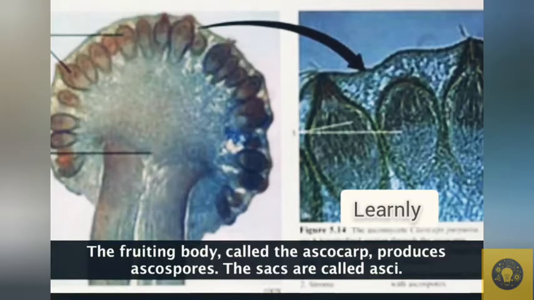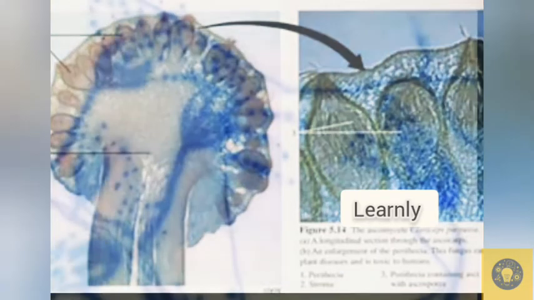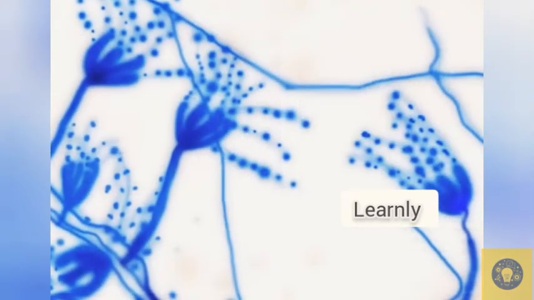This group derives their name from the sexual spores called ascospores that are produced in sacs called asci. Their fruiting body is called an ascocarp. Examples are unicellular yeast and multicellular fungi like Penicillium and Aspergillus.